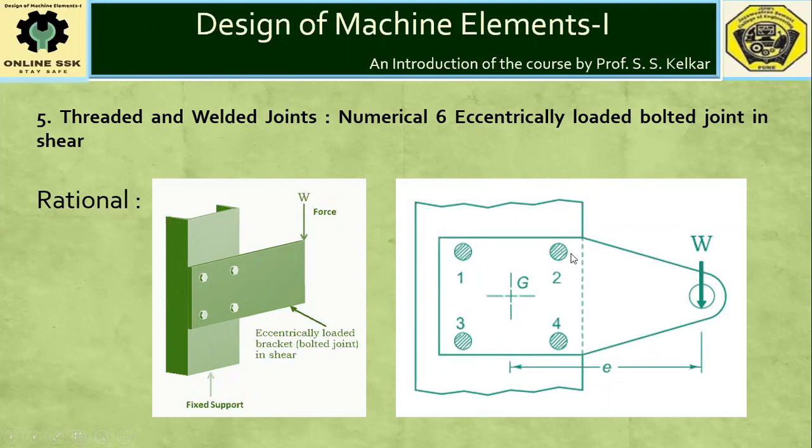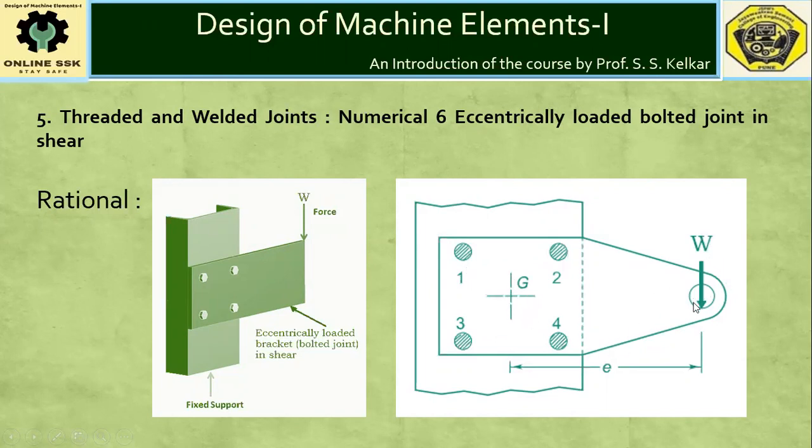Here, four bolts are used, and due to symmetry, one can directly predict its center will be the CG of this bolted system, wherein four bolts are used for attaching the plate or the bracket to the support. The applied load is not passing through the CG, therefore it is called an eccentric load.